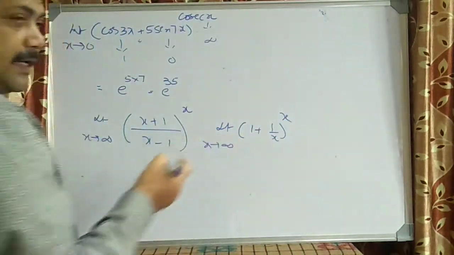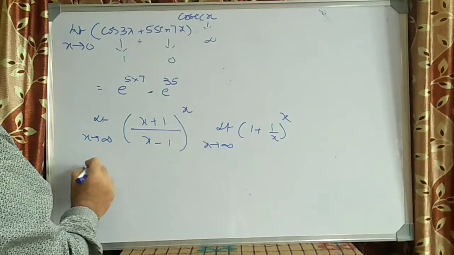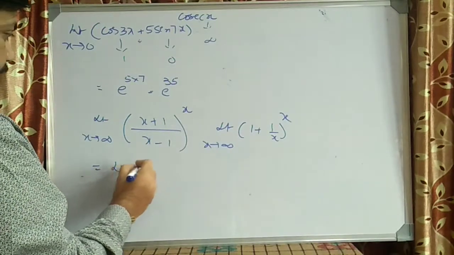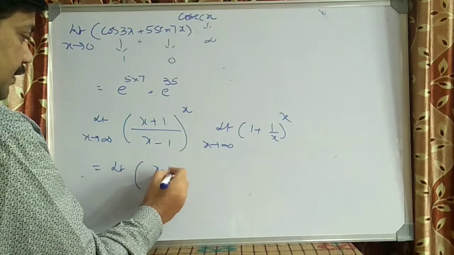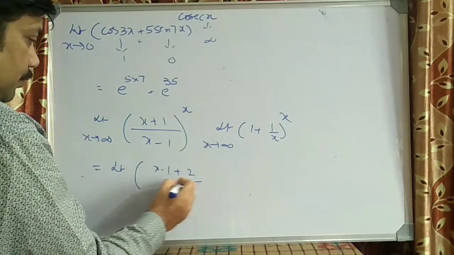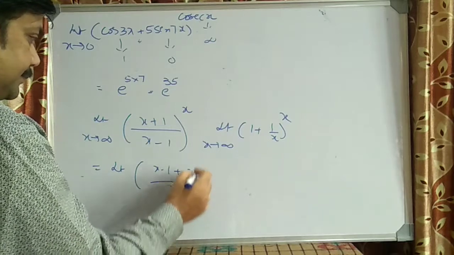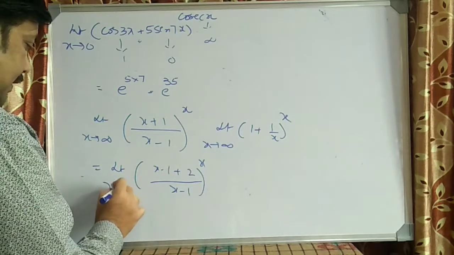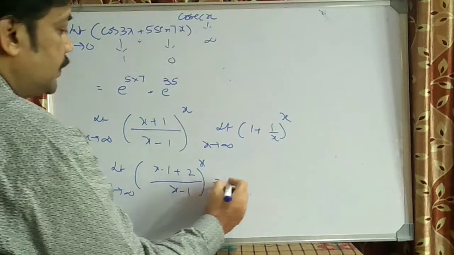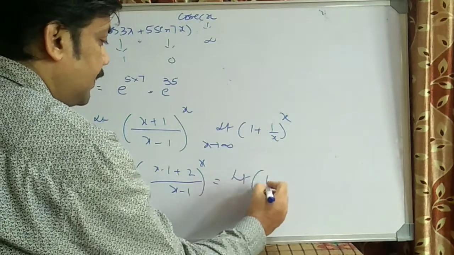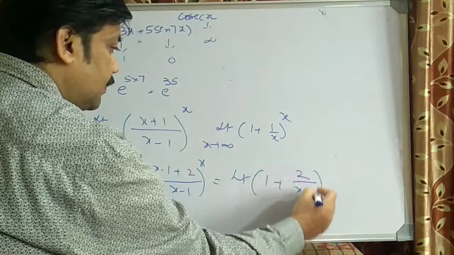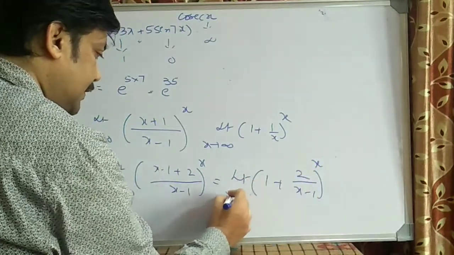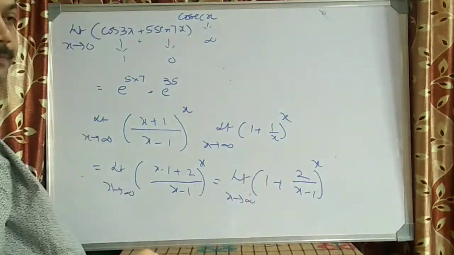Please look here. I have (x minus 1 plus 2) by (x minus 1), whole to the power x as x tends to infinity. So this is equal to limit of (1 plus 2 by x minus 1) to the power x as x tends to infinity.